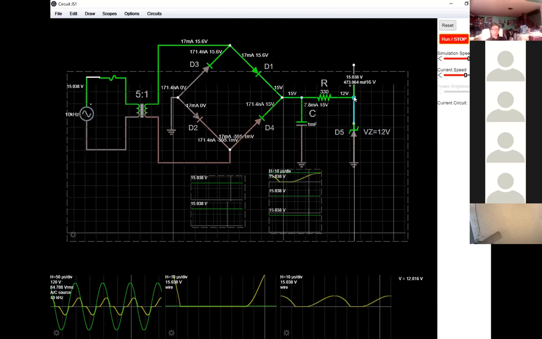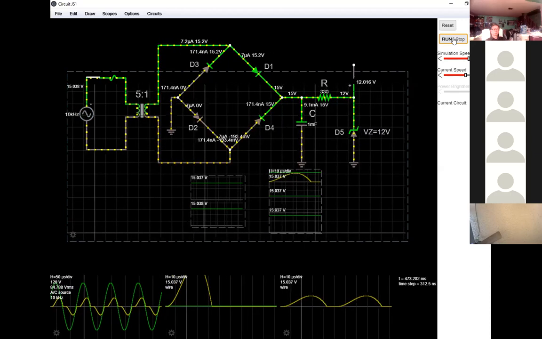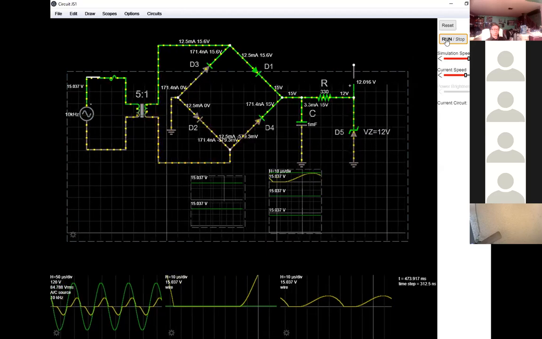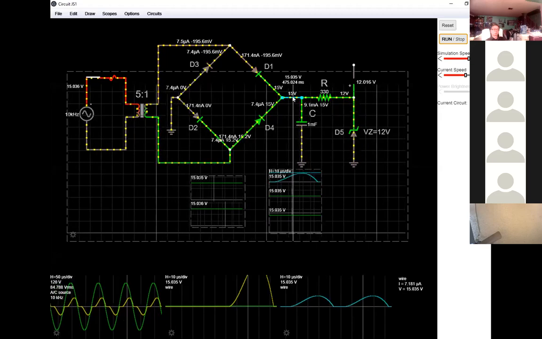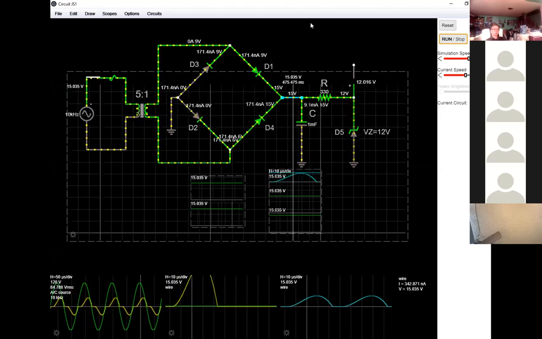I mean, the diode's working as far as the circuit, but I believe one of our final answers was 30 volts, so it was half of this. Okay, that's what it reflects here. All right, so I'll stop sharing.